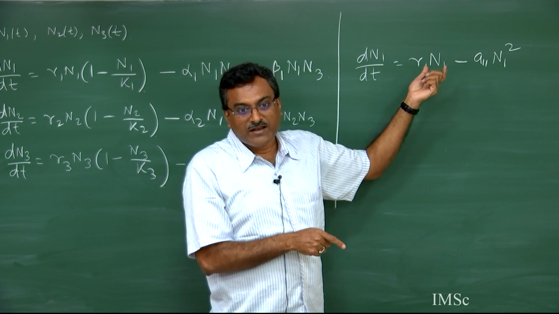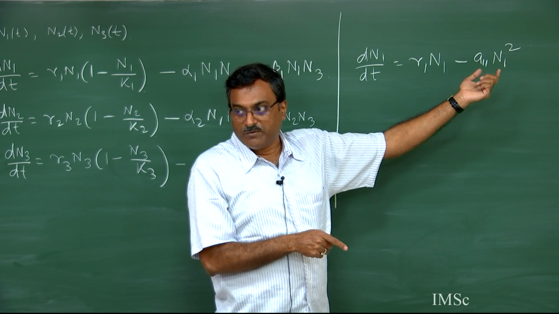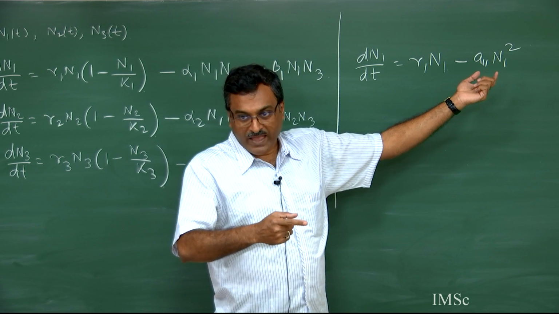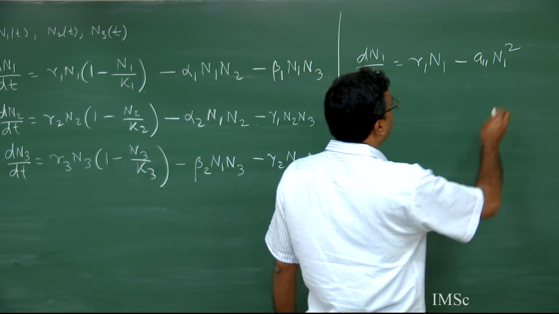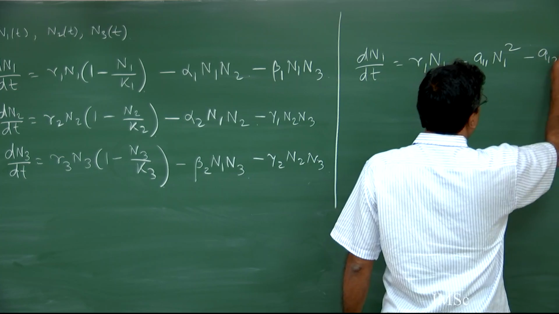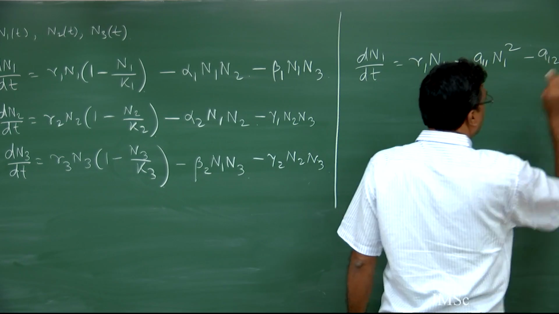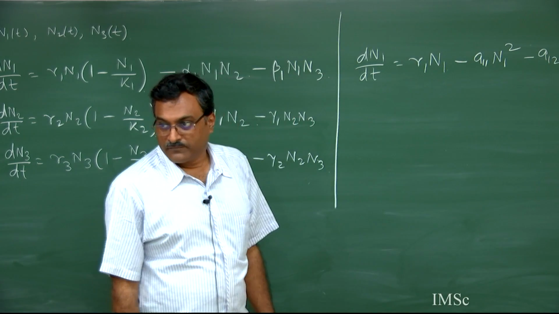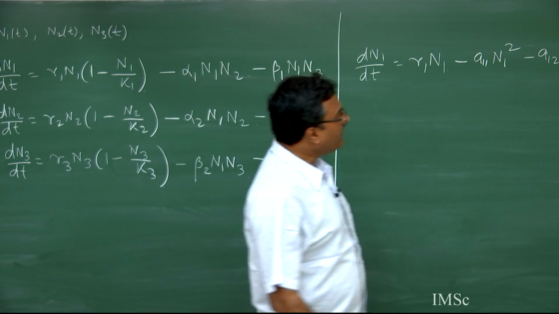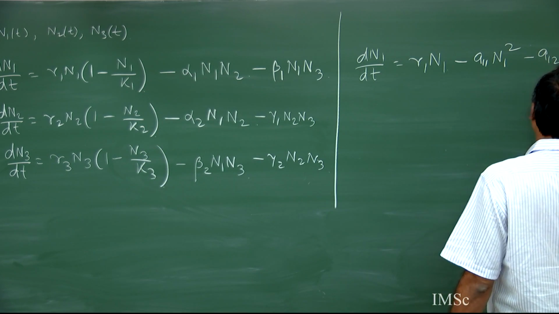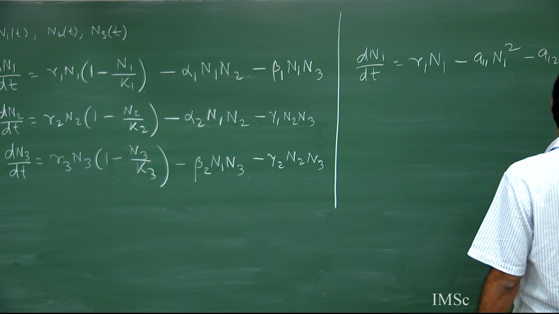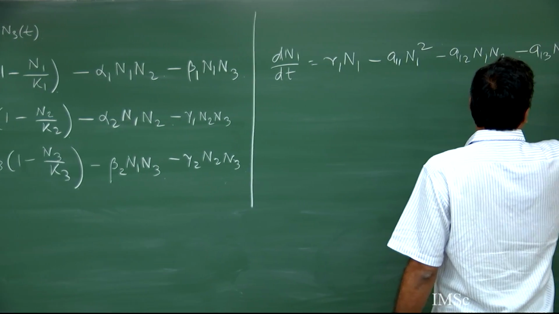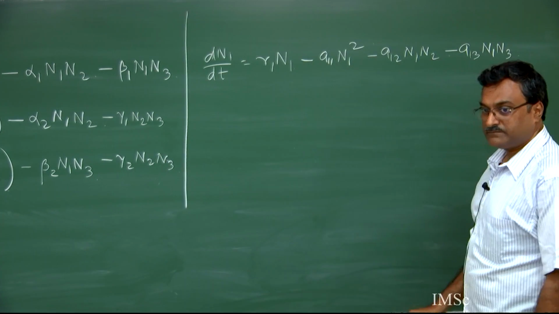Similarly, when we want to introduce the competition between the first and second species and its effect on the growth of the first species, you can write the second term as minus a12 n1 n2. And finally, the effect of competition between the first and third species on the growth of the first species can be written as minus a13 n1 n3.